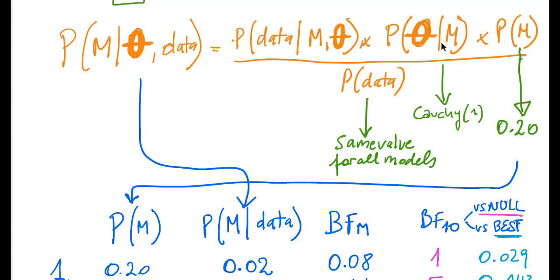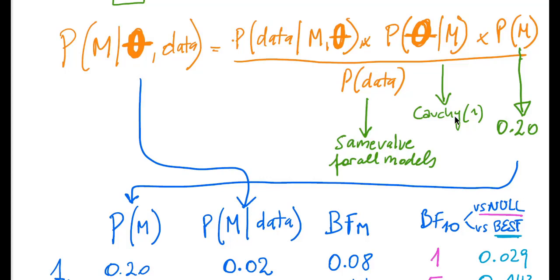And we are going to use the software JASP, and JASP uses a Cauchy distribution for the prior for the parameter values. So all the betas will use a Cauchy, and Cauchy, remember, is similar to a T distribution, and in a sense it's like a normal distribution, or has the characteristic of the normal distribution that is centered around a value and then is symmetrical.